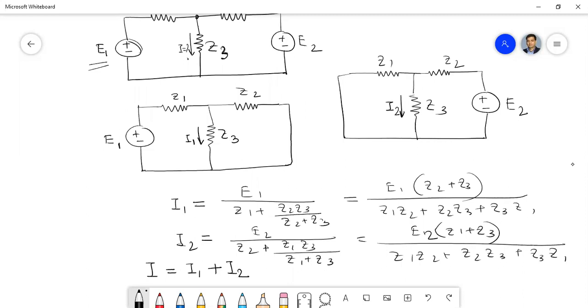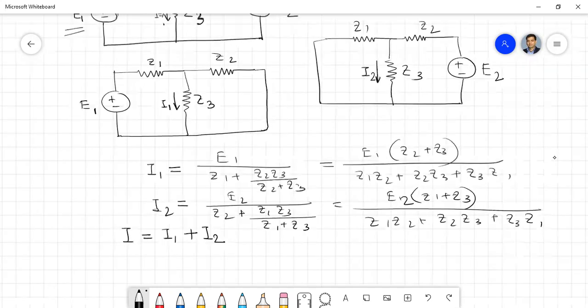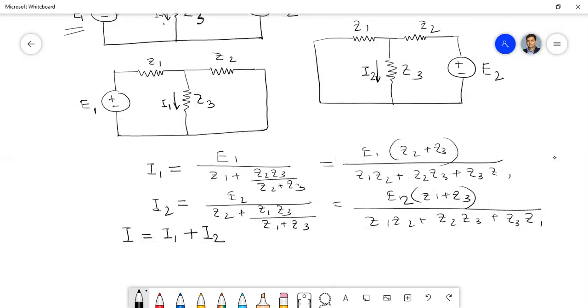So finally, when you calculate the I value which is desired in the problem, you just have to add these two, considering the sign. As you have taken the same direction, they can be added with the positive sign.